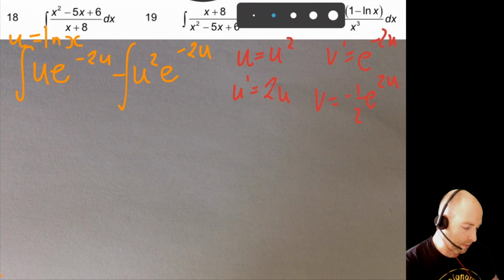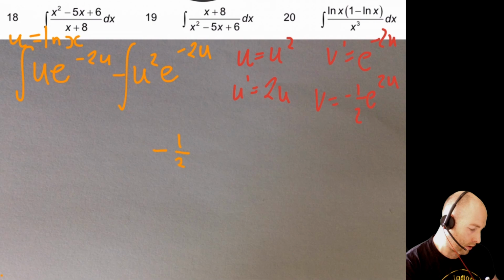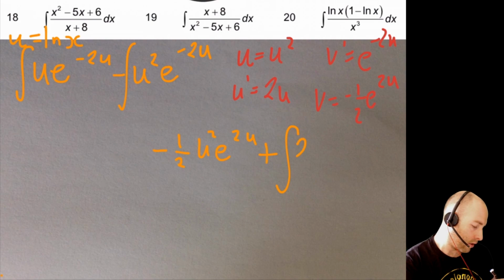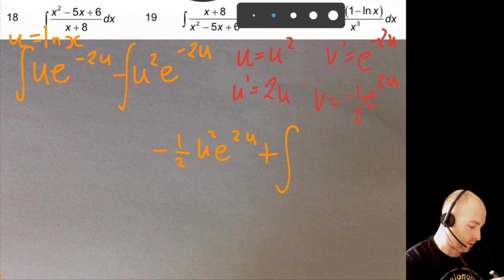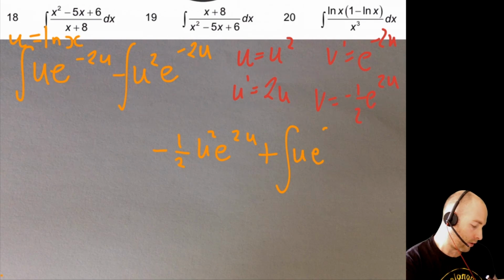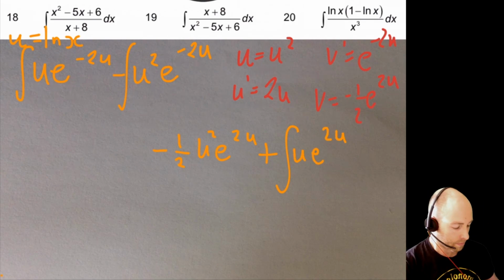So when I put it all together, we get uv minus the integral of v du dx, so it's going to be plus 2u e to the, sorry, the 2 there is going to get cancelled out. It's actually going to be u e to the minus 2u.